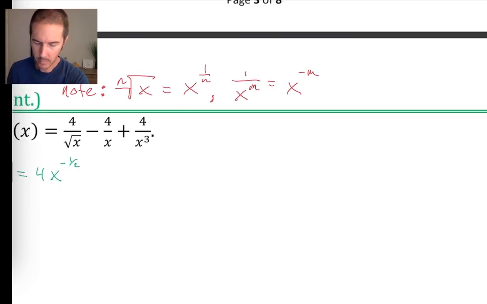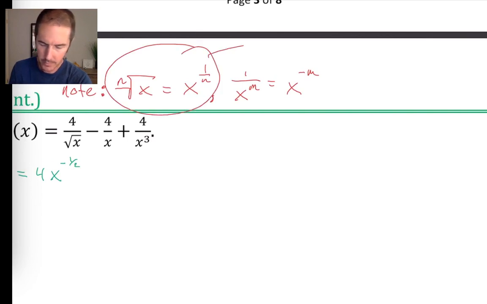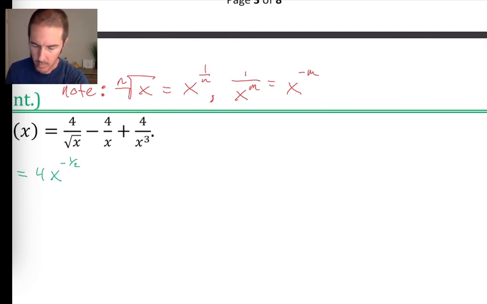And the other thing that you learned sort of takes this topic to the moon, or at least to the next level, is that if you have the nth root of x to the m, that can be written in exponential form as x to the m over n.